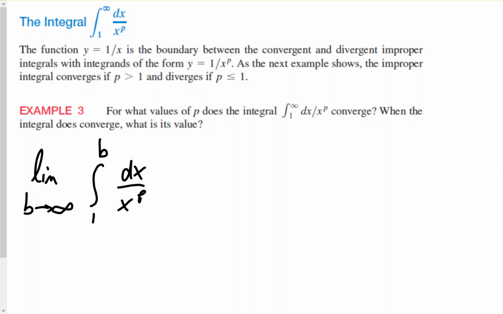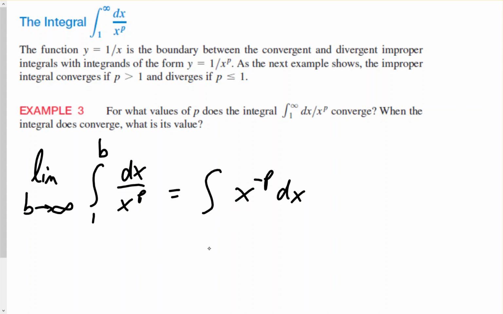Now another way we could rewrite this integral, let's just do the integral for now. This will be x to the negative p dx. So we could easily integrate this if we add 1 to the exponent and then divide by that power.